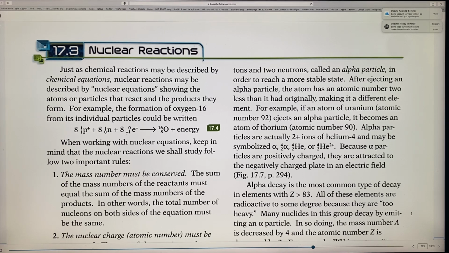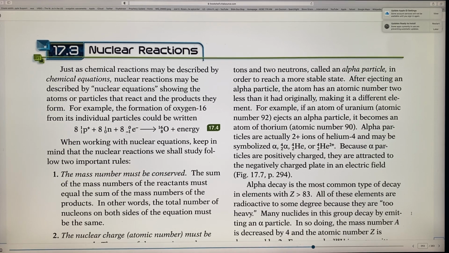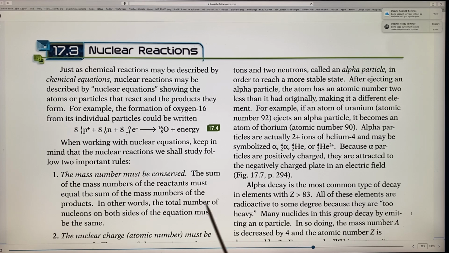Well, nuclear reactions are described by nuclear equations. You can see right here how the nuclear equation is different: instead of different chemicals reacting with each other, now we have what's reacting in the nucleus. So they're called nuclear reactions.